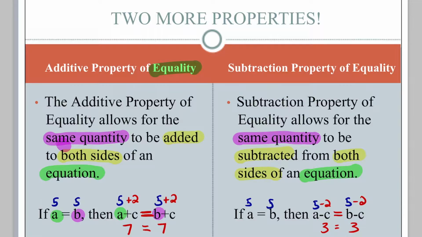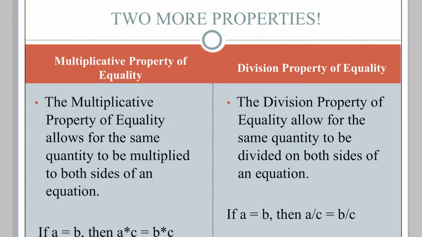So if you do something to the left side of an equal sign, you have to use the exact same operation on the right side of the equal sign to maintain equality. That's true with addition and subtraction, and also with multiplication and division.